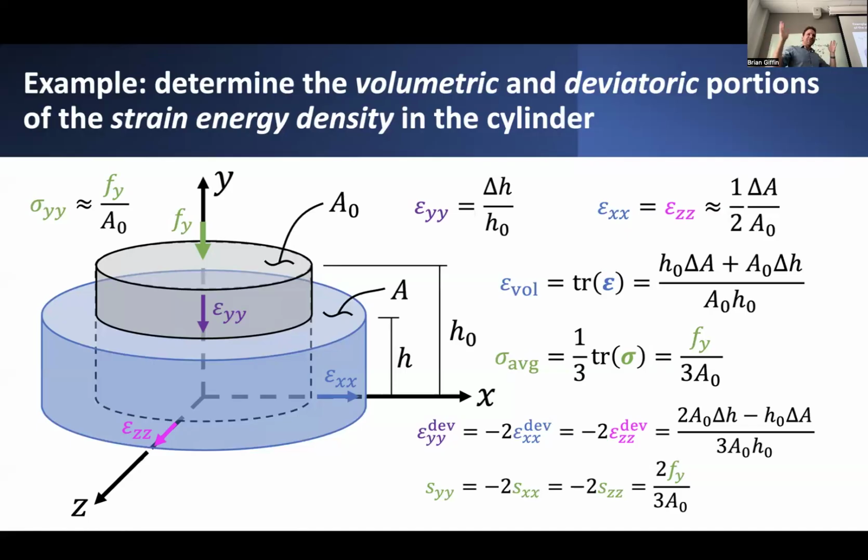But there was also a nifty way that we could decompose this definition of strain energy into two totally separable parts, the volumetric part and the deviatoric part. And we defined volumetric strain energy as the part of the strain energy that is attributable solely to these volumetric deformations, and the deviatoric part is associated just with the deviatoric deformations.